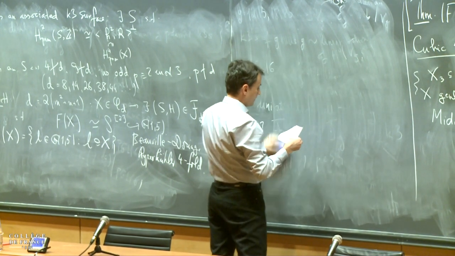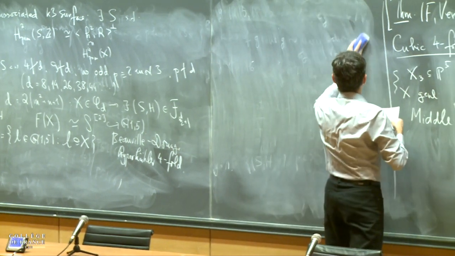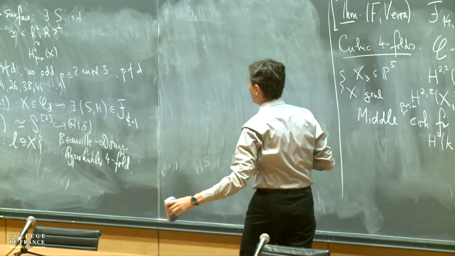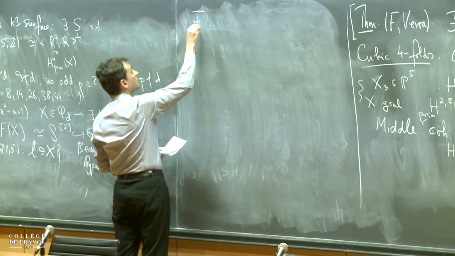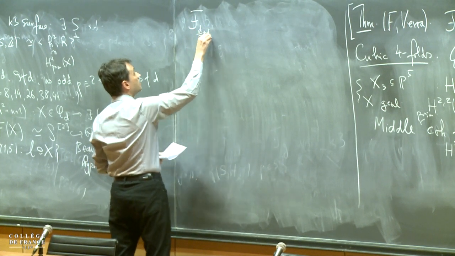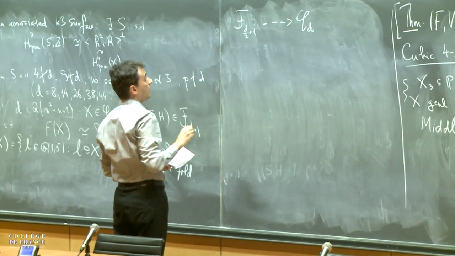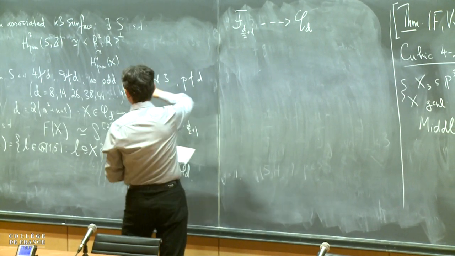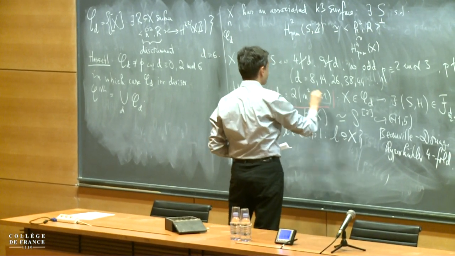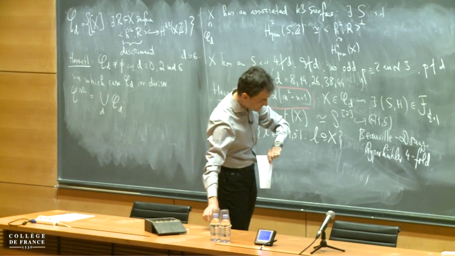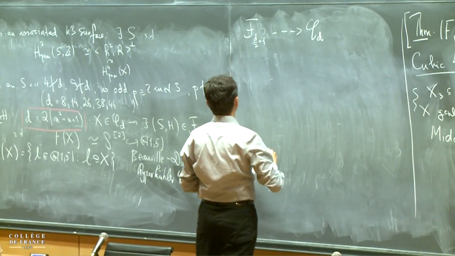But I know something. Actually, to finish this recap on Hassett, I should say that there is a map between these two moduli spaces, for this degree, and this map is in fact 2 to 1.